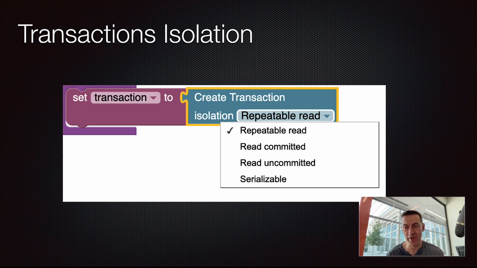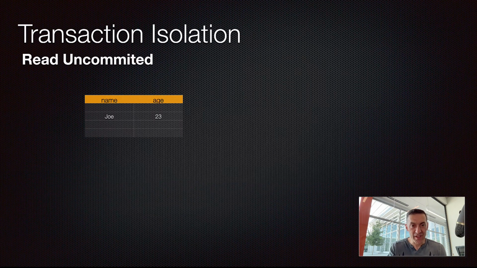They may have some consequences in terms of performance, but let's just dig into it and see what these isolation modes are. First one is going to be read uncommitted. For this, we will consider a very primitive data table that has a column name and age, and there is one record in this table.